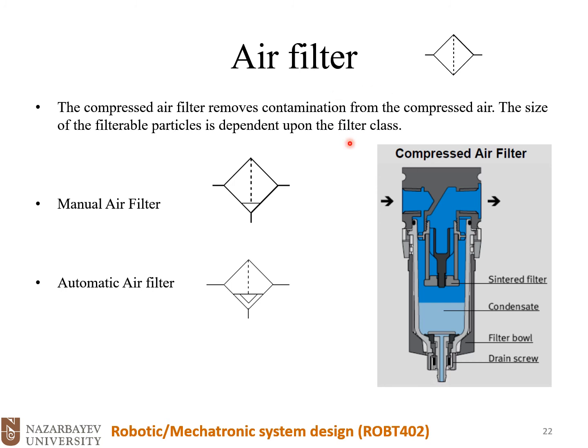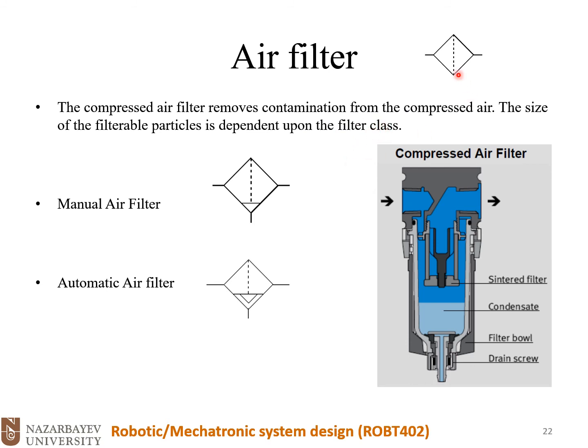Okay, so what is the good practice? To have an air filter at the output of the compressor. The compressed air filter removes contamination from the compressed air. The size of the filterable particles is dependent upon the filter class.